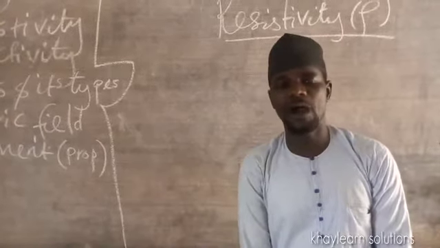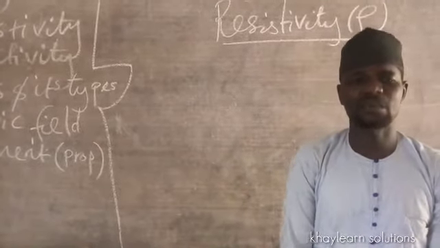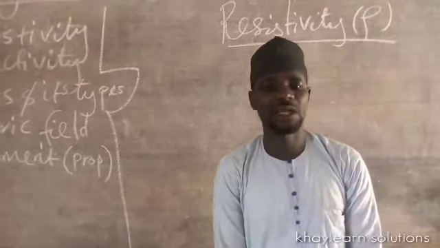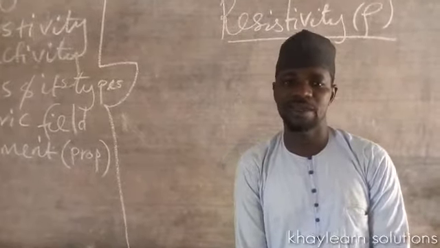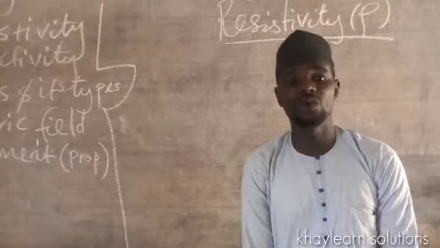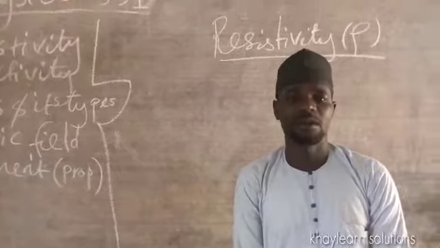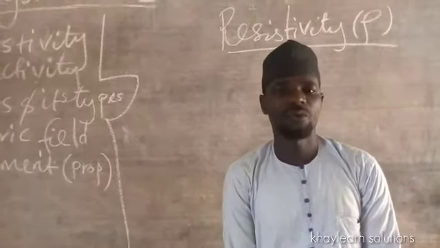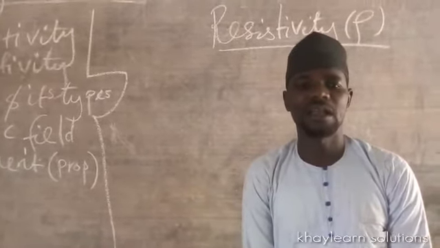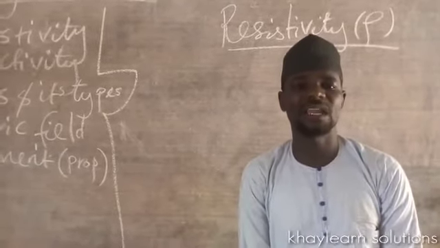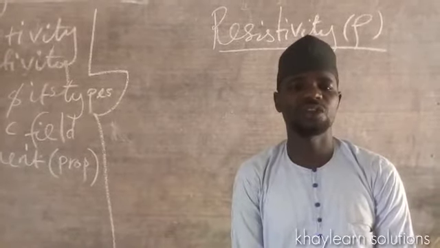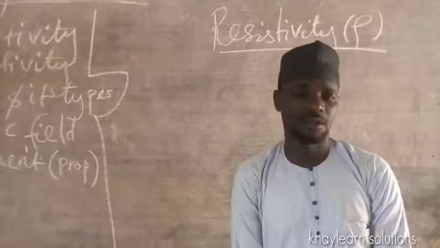Mostly we use copper. Why? Because it is somewhat cheaper, conducts electricity better than the rest, and it has a very low resistivity. We are advised to use a conductor that has a very low resistivity to conduct electricity to our homes.